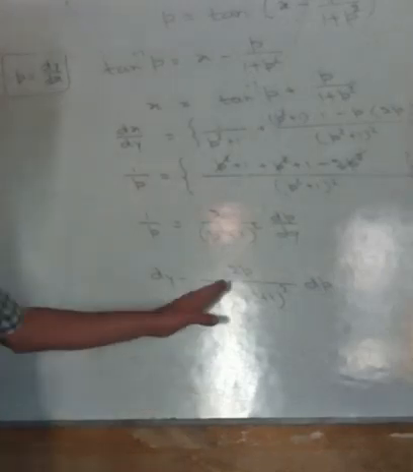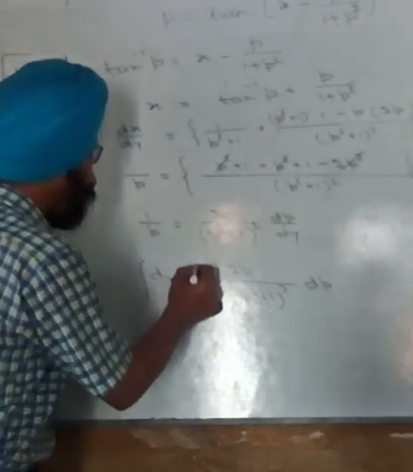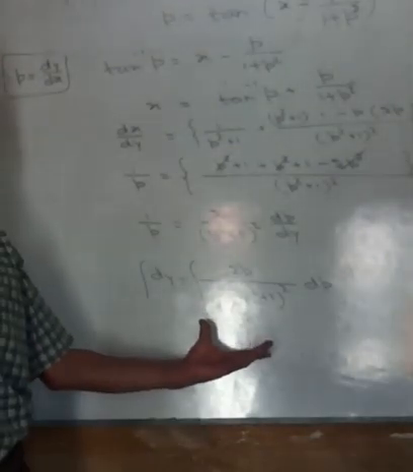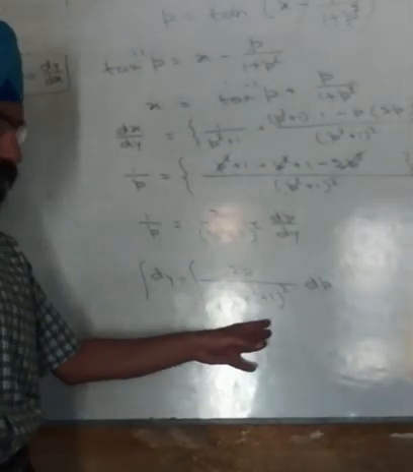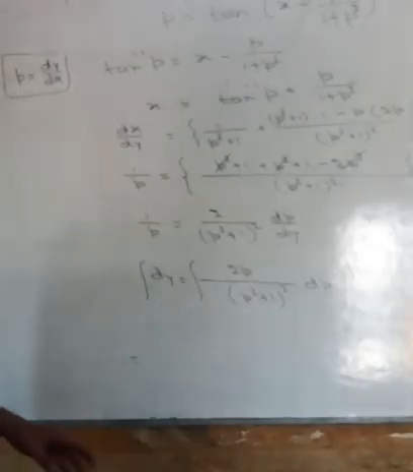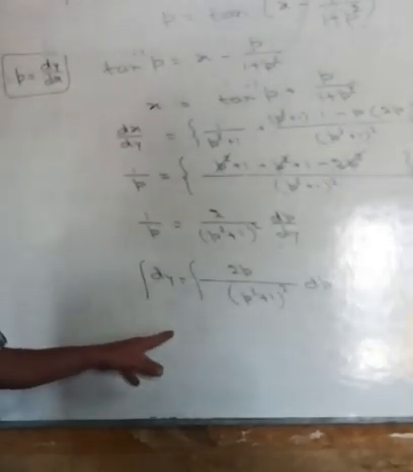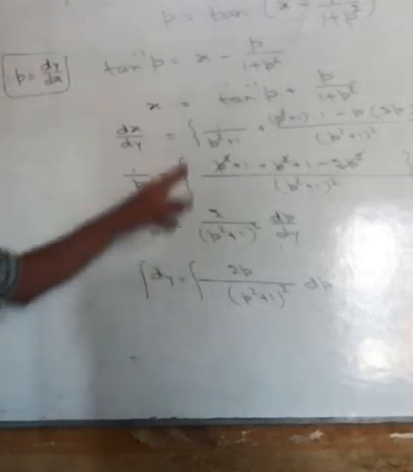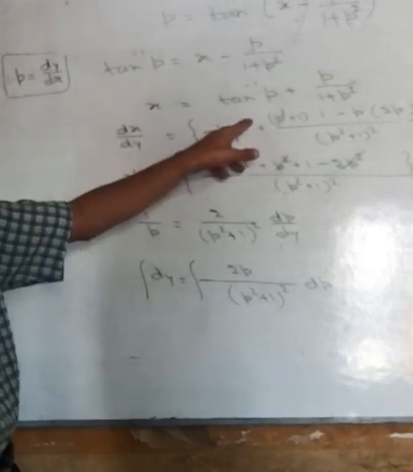And now the remaining job is very easy. Just integrate both sides to get the value of y. And I think you can do it because it is a very elementary job, just elementary uses of integration. Now you will get the value of y. Value of x is already here.